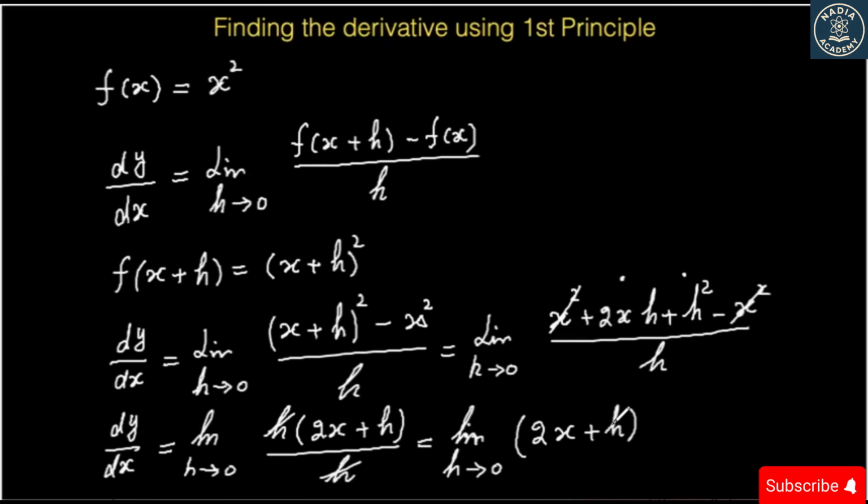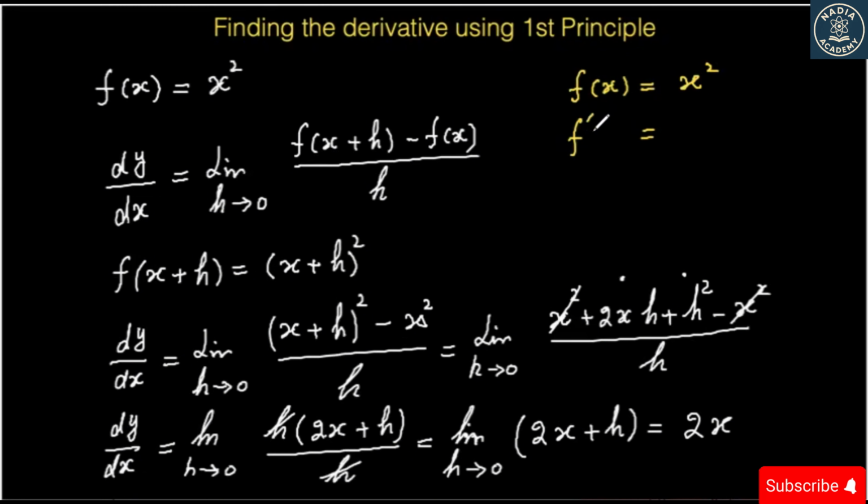Now, what we can do is apply the limit on it. This 2x term has no h, so it will survive, while the other term will be 0. So we are left with only 2x. What does this mean? This means that the derivative of the function f of x equal to x square is 2x.